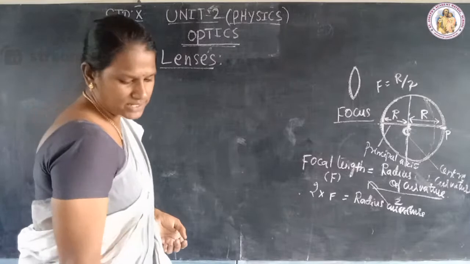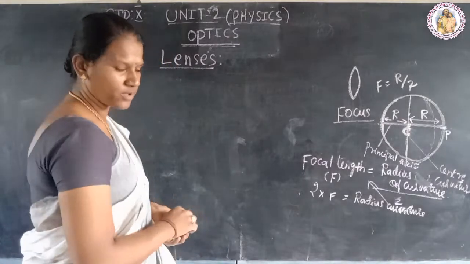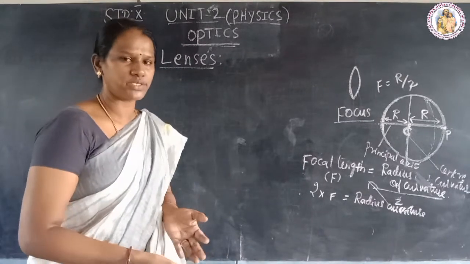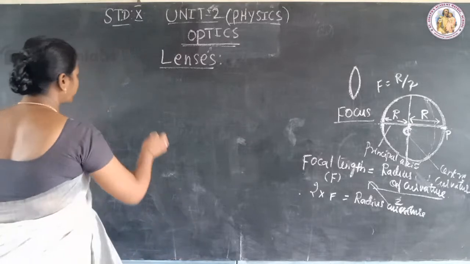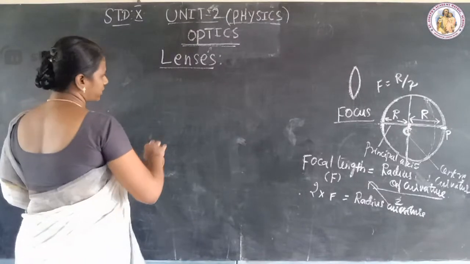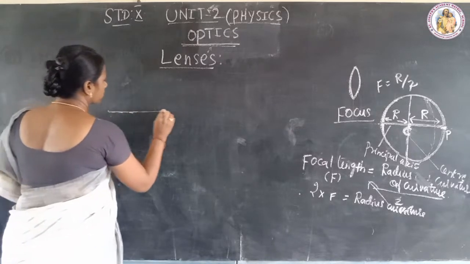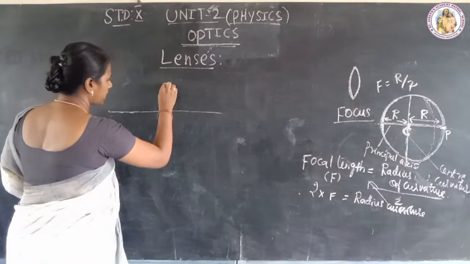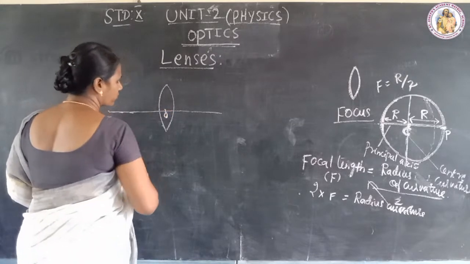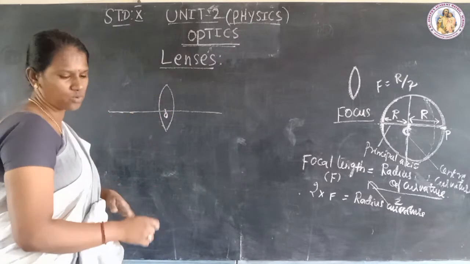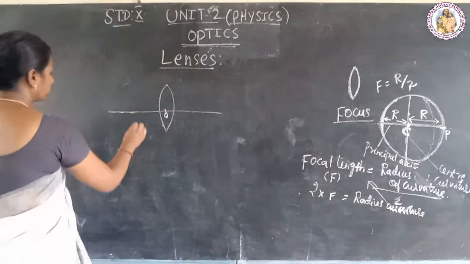So, the image formation by a convex lens. We are going to discuss how the image is formed in convex lenses. The first case: the object is at infinity. This is the convex lens, the center of the lens is O, then the focus points F1 and F2.